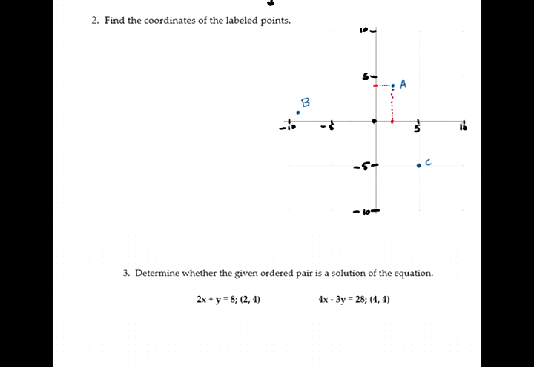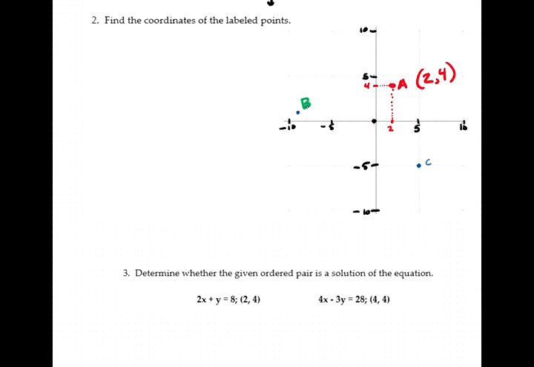So it looks like point A is 2 units to the right, so +2 on the x-axis, and 4 units up. So point A, let's make this one red. A is the point 2, 4. All right, point B. Let's do point B in green.